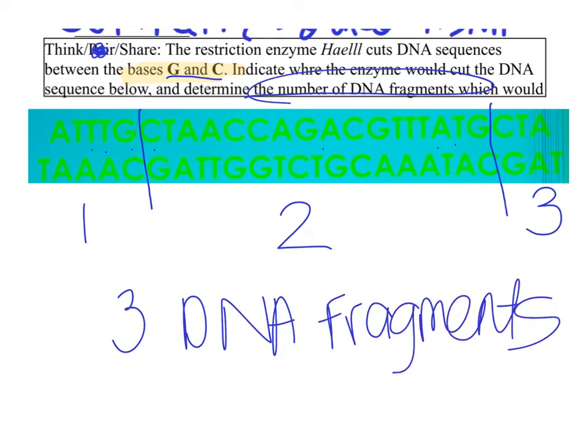And again, I was able to find my DNA fragments by using my restriction enzyme and making cuts between the bases guanine and cytosine. Wherever I saw a G and a C, I knew to make my cut because this specific restriction enzyme made those cuts there.